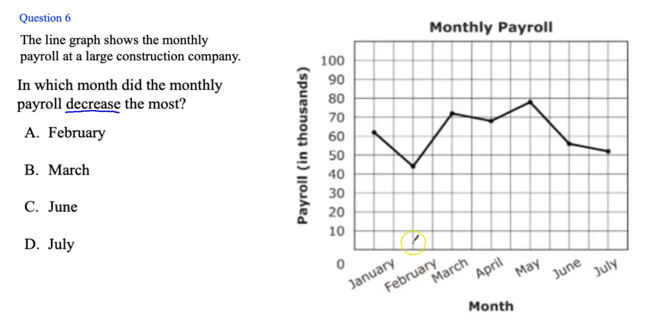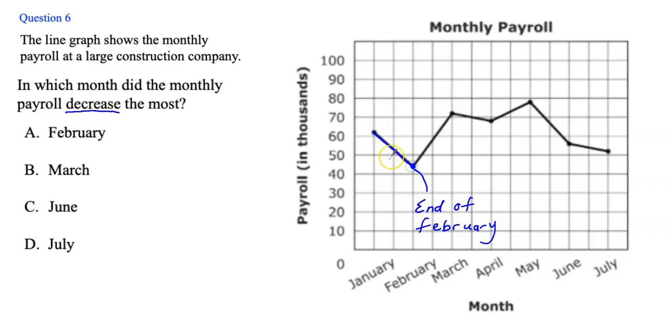So I'm going to go up to this point. What you need to understand is this represents the end of February. So this is like February 28th, and then right before it would be February 27th, 26th, and so on. So I'm looking at this piece of the graph right here.